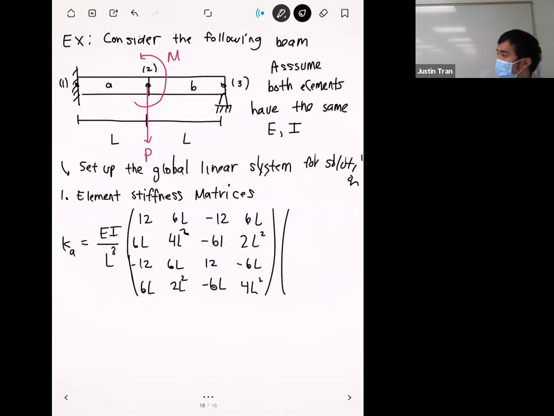And so let's list out all of the degrees of freedom associated with nodes 1 and 2. We have U1y, theta 1, U2y, theta 2. And so this thing on the right, at least for this problem, is going to be the most important because it's going to tell us where to insert this element stiffness matrix into our global system.